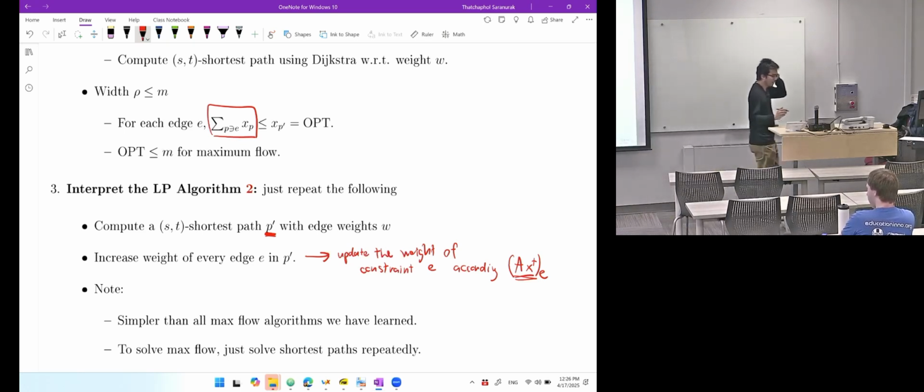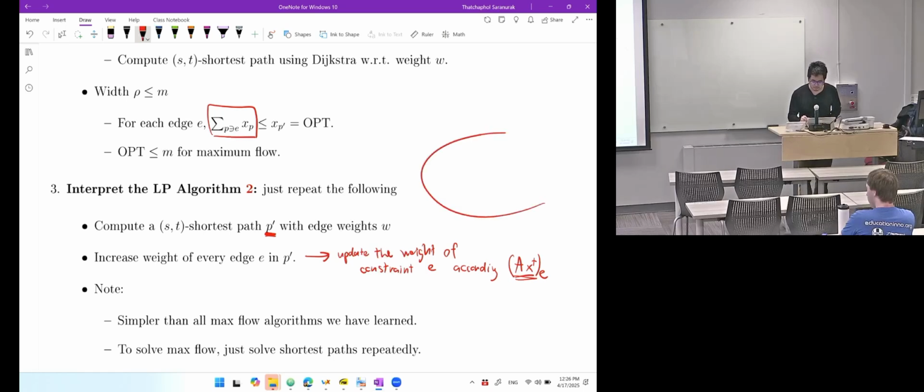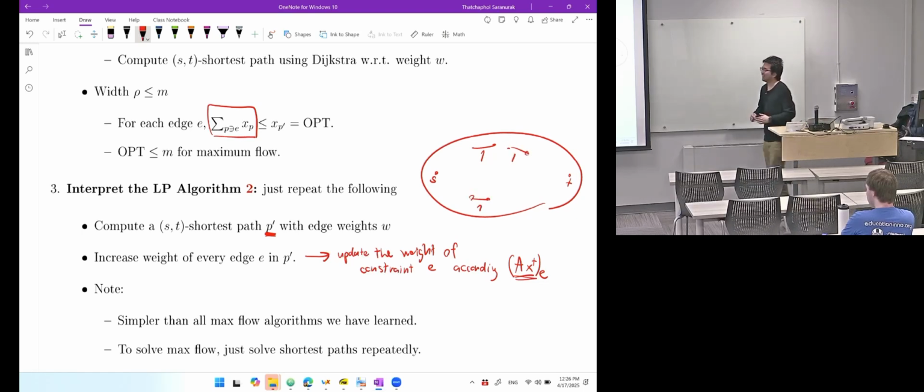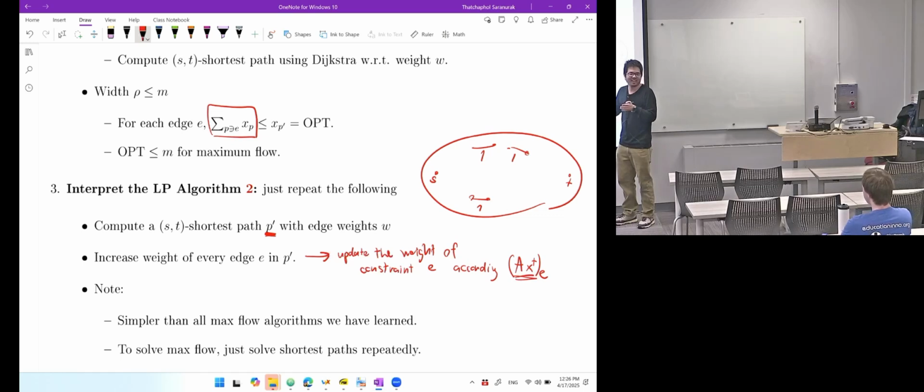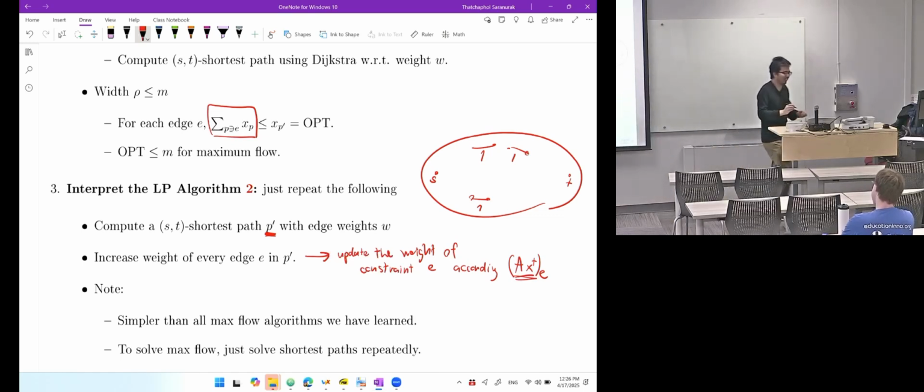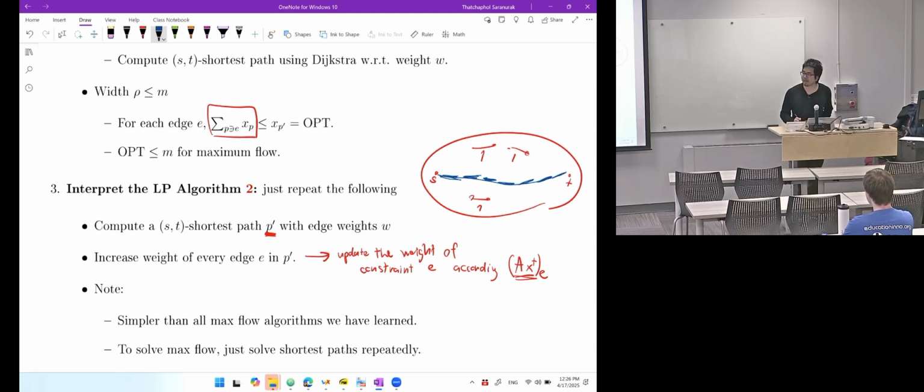You can see what the algorithm looks like: you start with S and T. Initially, the weight of every edge is 1, and in the first round the algorithm computes the shortest path, the one with the smallest number of edges. Then it increases the weight along this path, and next it computes another path.